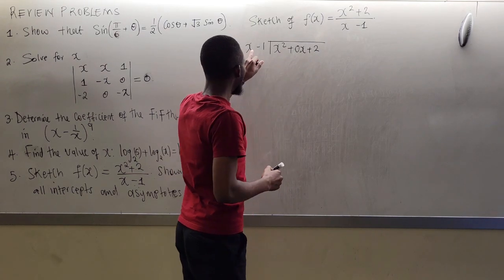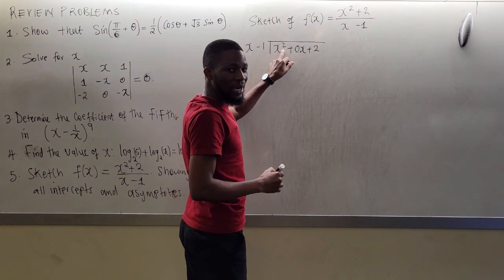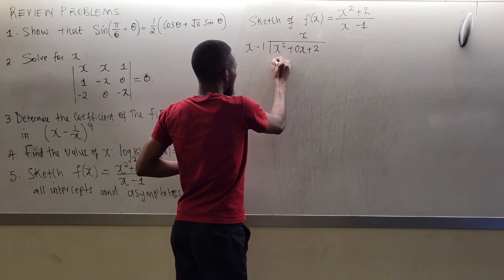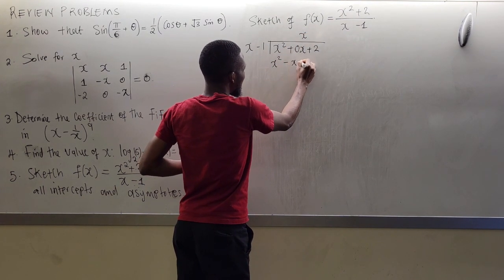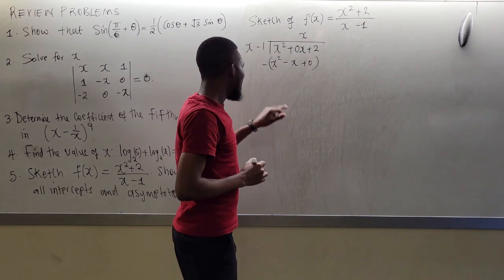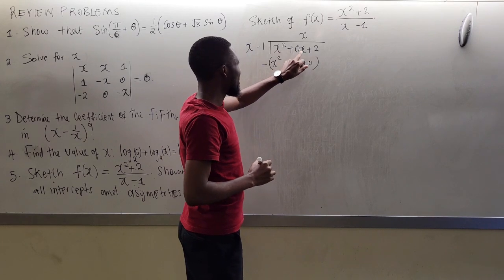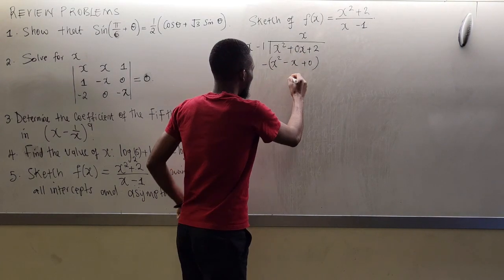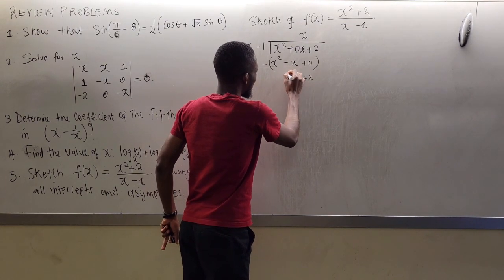Okay, so we're going to say x into x squared, which is just x. So I will put my x here and take the product, which is x squared minus x, then plus 0. And then I take the minus, so x squared and x squared cancel. This is 0 minus negative x, which is just x, then plus 2.